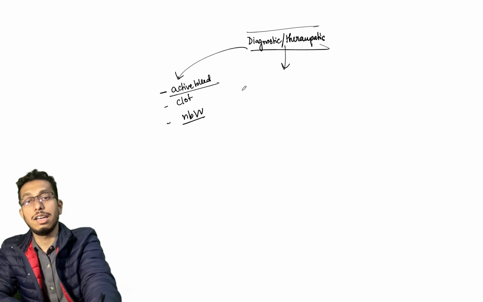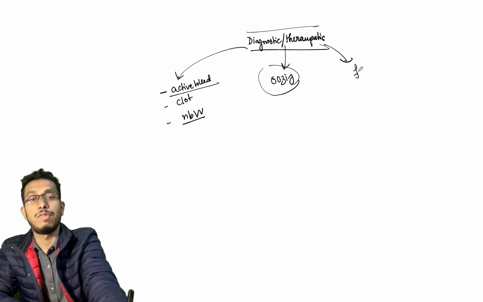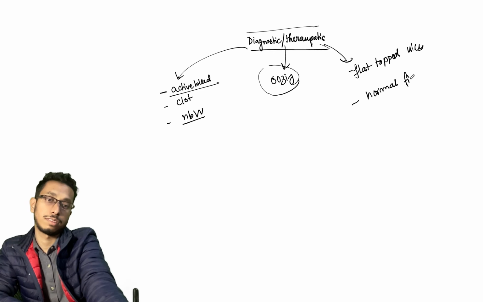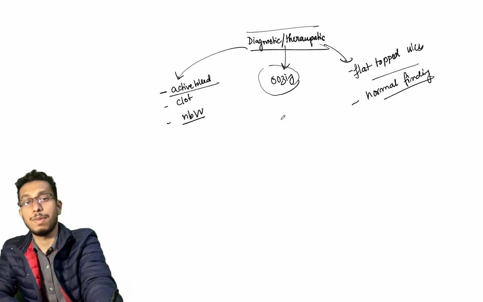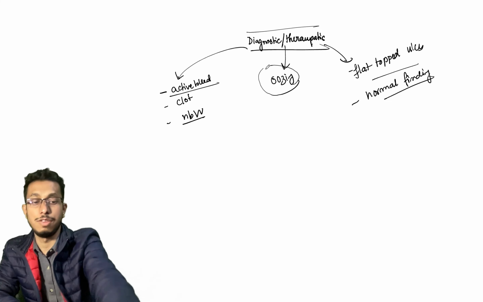Instead of active bleed, we can see oozing of blood, or there can be a flat topped ulcer, or even sometimes a surprisingly normal finding can be seen. So based on how they present, therapeutic approaches differ.